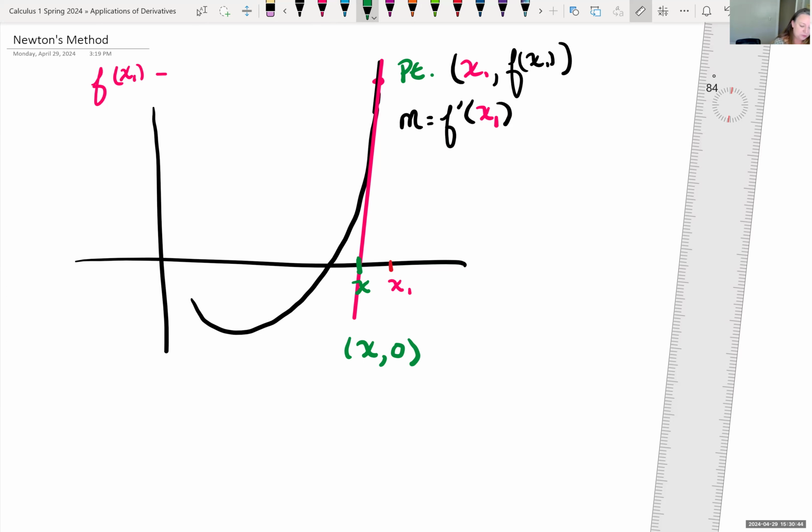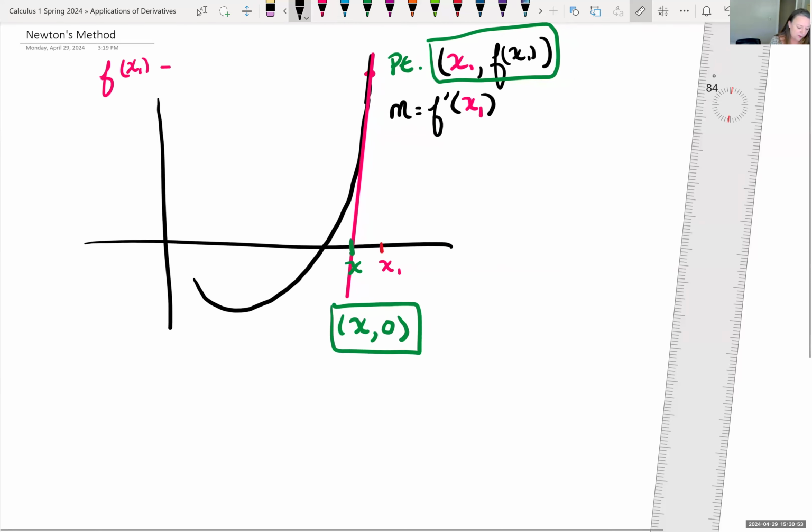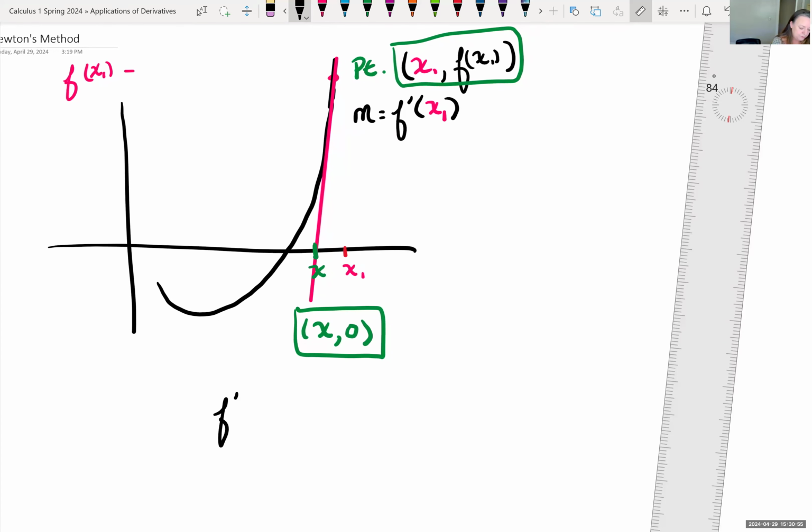Again, I have 2 points here. And I have the slope of that line. So I know my f prime of x of 1 is equal to my change in my y value. So f of x of 1 minus 0 all over x of 1 minus x.